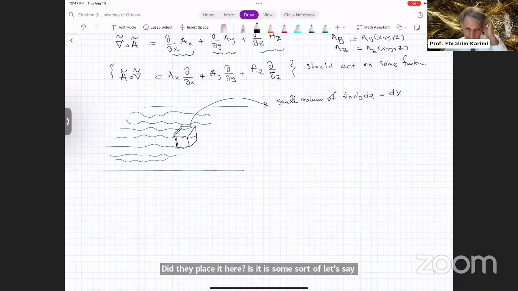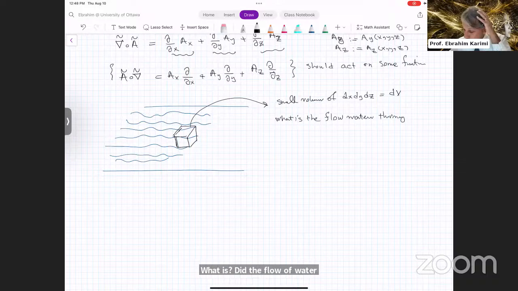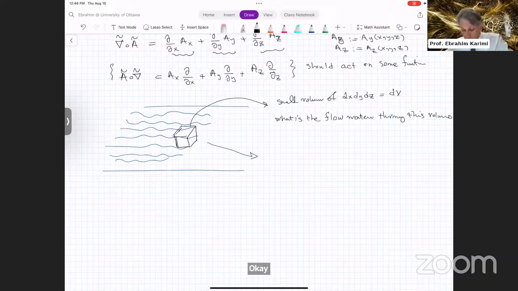Now the question that I'm asking you is, what is the flow of water through this volume? Okay. So now I will enlarge this and plot it for you.